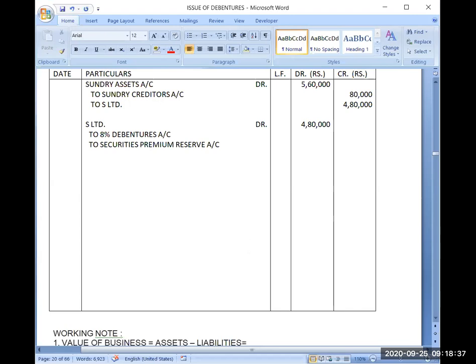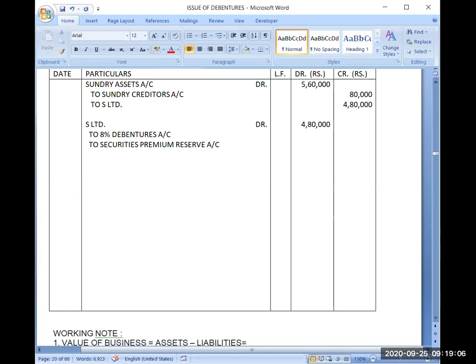Now we will calculate the issue price of the debenture. So issue price will be, face value is rupees 20 and premium is 20%. So yes, very good.